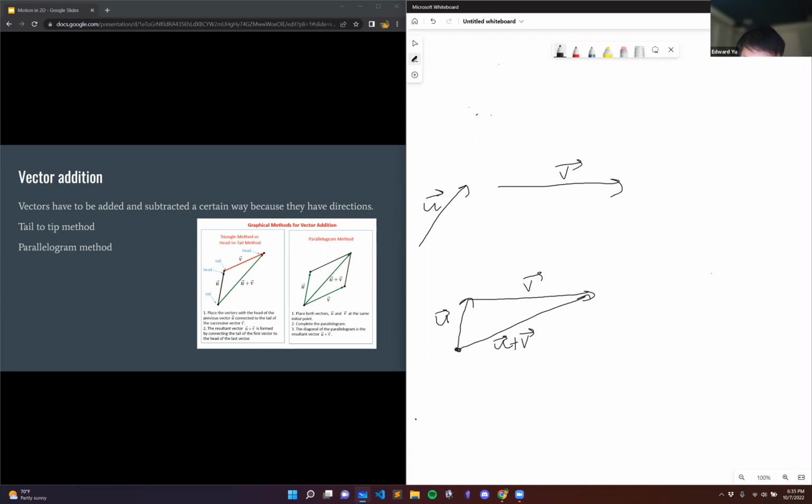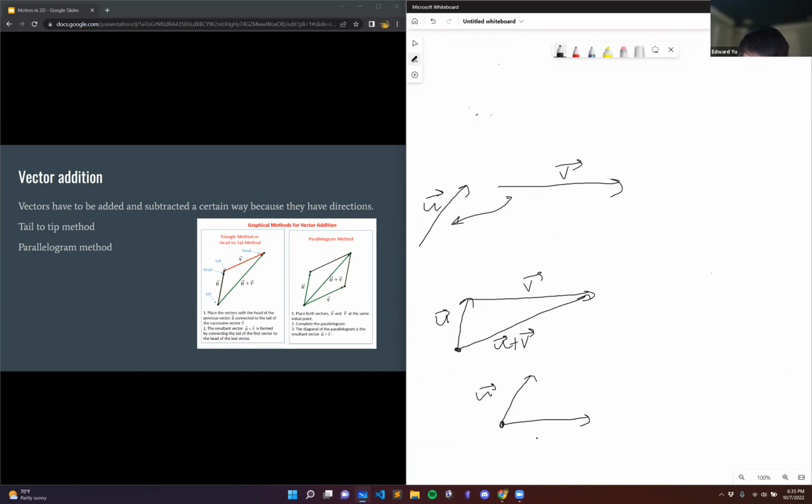The second way would be to use the parallelogram method. It says place both vectors u and v at the same initial point. So if I have these two vectors and I place them both here, u would go like this and v would go this way.